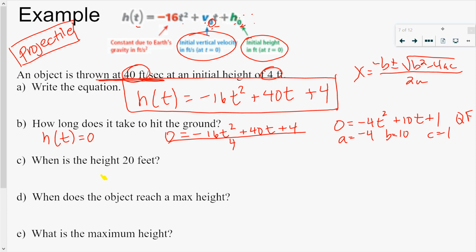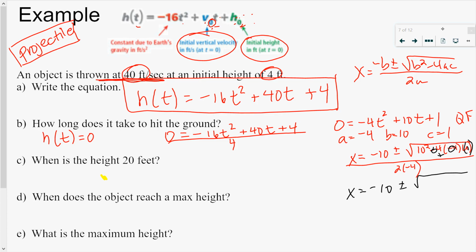So I'm going to get x equals negative b plus or minus the square root of b squared minus 4ac all over 2a. You guys always mess up under the radical. Always, always, always. So look, 2 negatives right here make a positive.